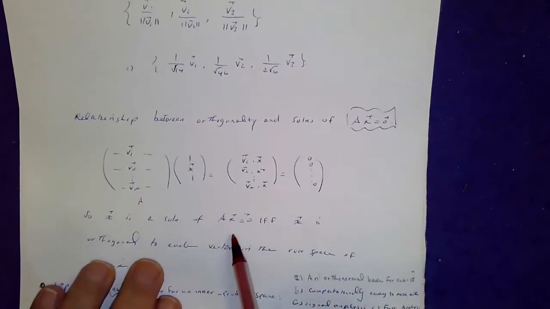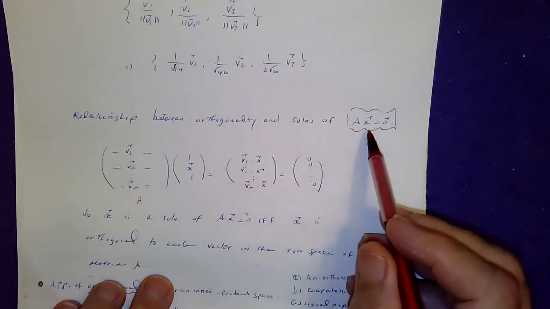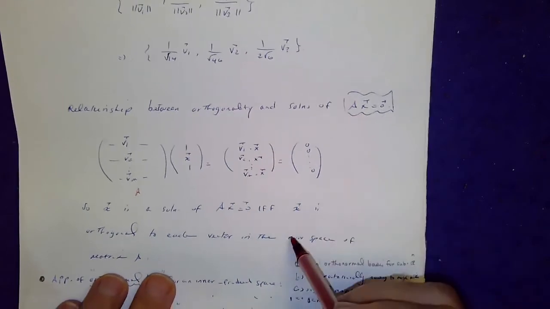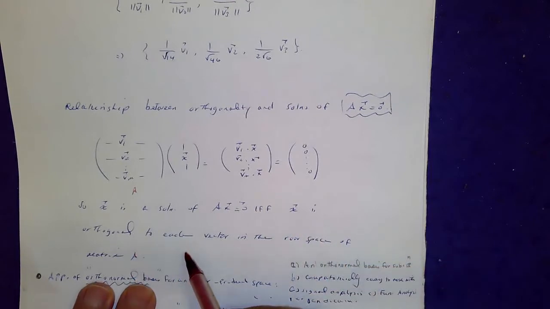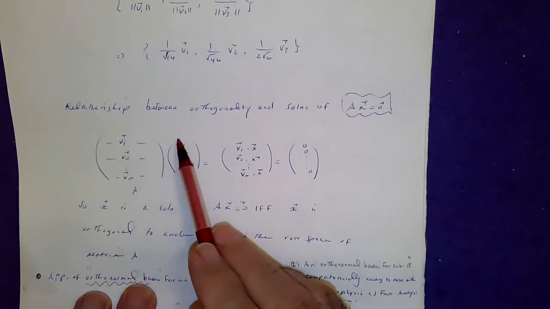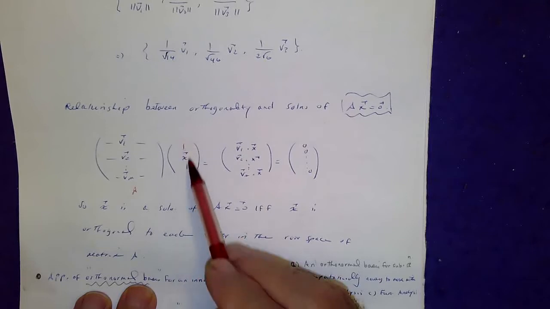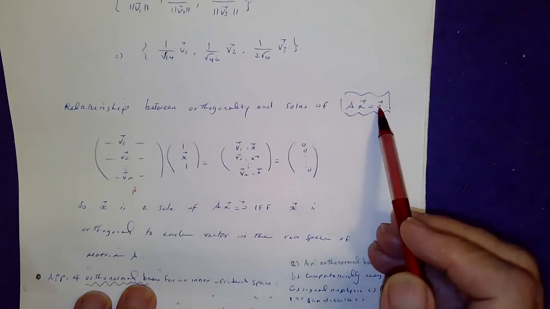So x is the solution of this homogeneous system of linear equations if and only if x is orthogonal to each vector in the row space of matrix A. You take every row and dot it with this column vector. You get 0 because it's a homogeneous system.